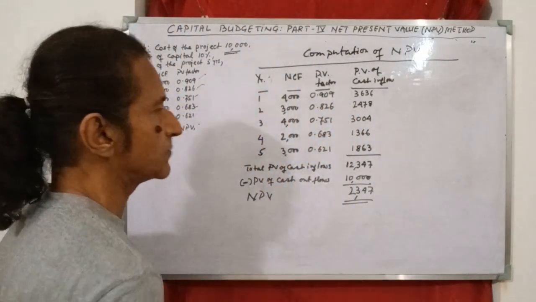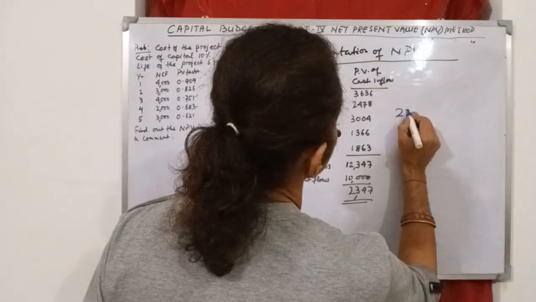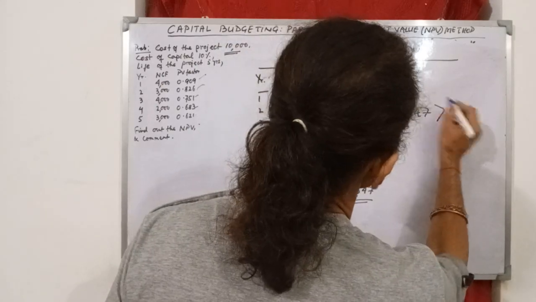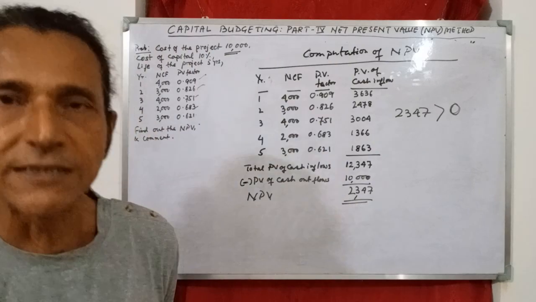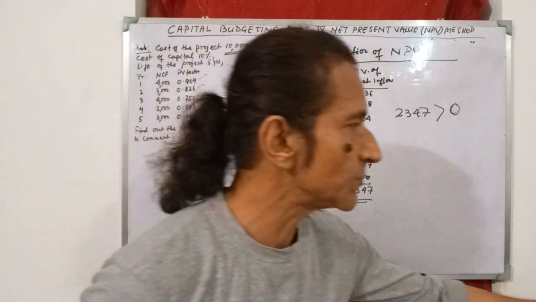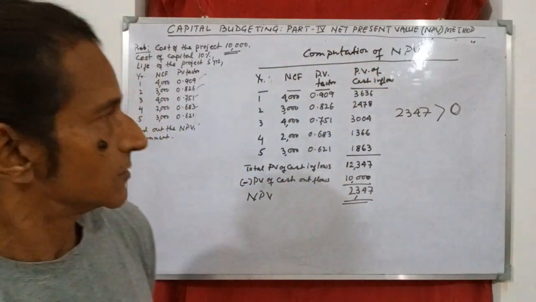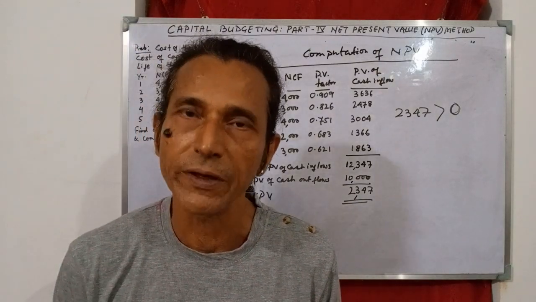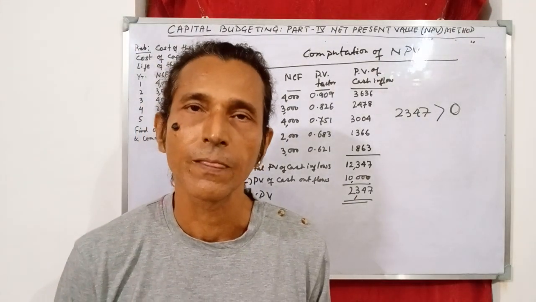Now 2347 is positive, greater than 0. Not only is it greater than 0, it is much more than 0. That means, first of all, the project should be accepted. Why?